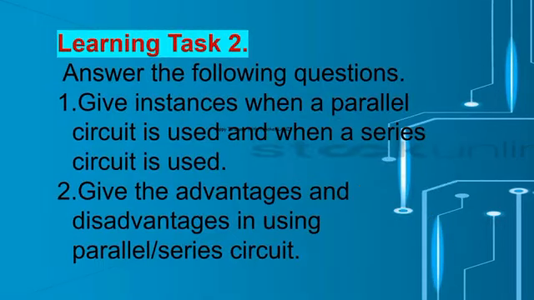Learning task number 2. Answer the following questions. Number 1. Give instances when a parallel circuit is used and when a series circuit is used. 2. Give the advantages and disadvantages in using parallel or series circuits.